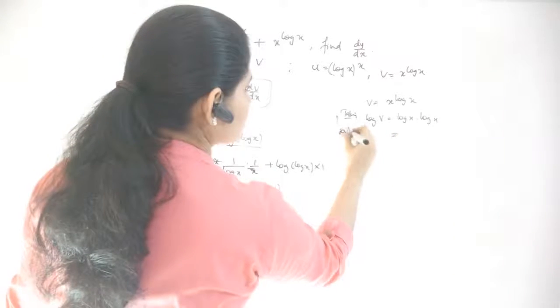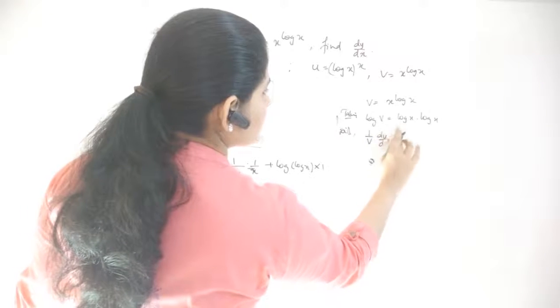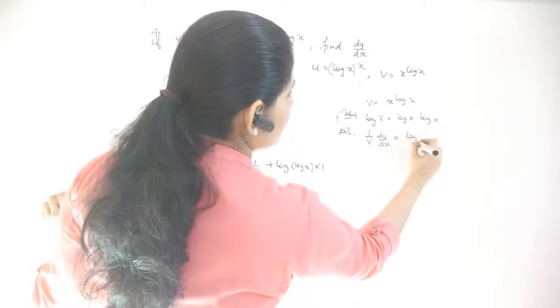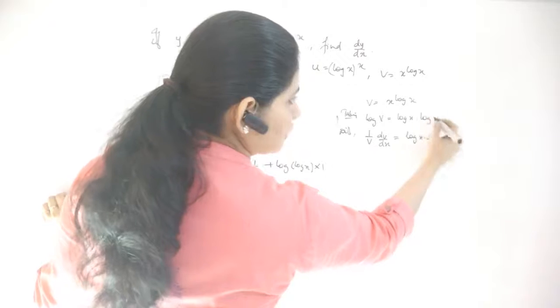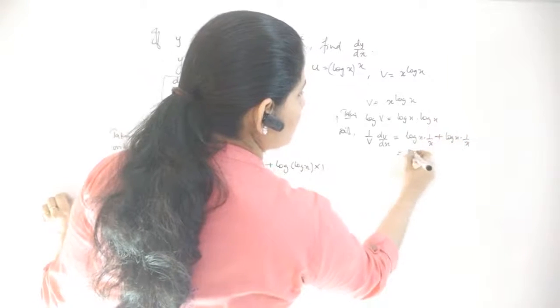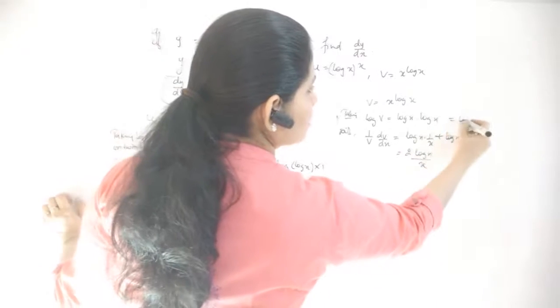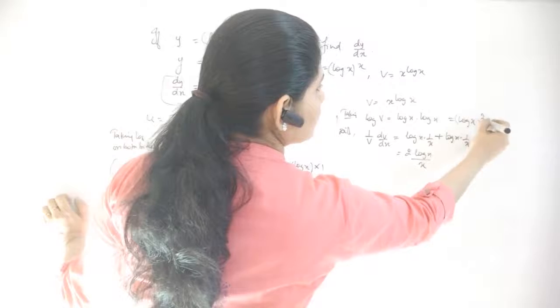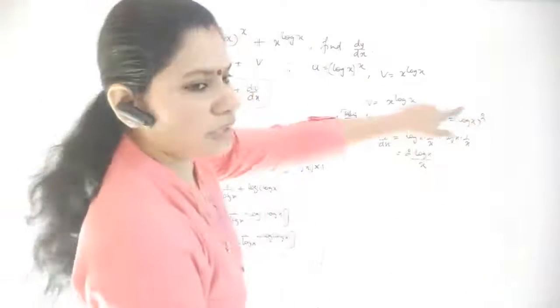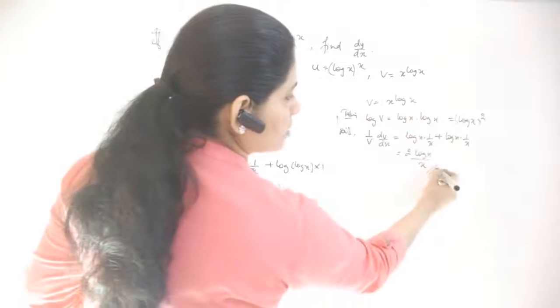While differentiating with respect to x, you will get 1 by v into dv by dx is equal to log x into 1 by x, the derivative of log x, plus log x into 1 by x, or it is 2 log x by x. Either you can use it like this, or you can make it the square and use its derivative: 2 into log x into the derivative of log x, which is 1 by x. Then also you will get this answer.